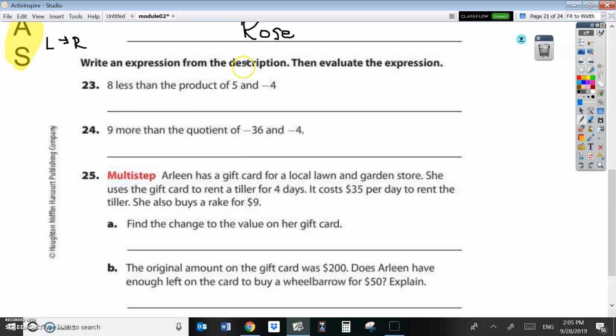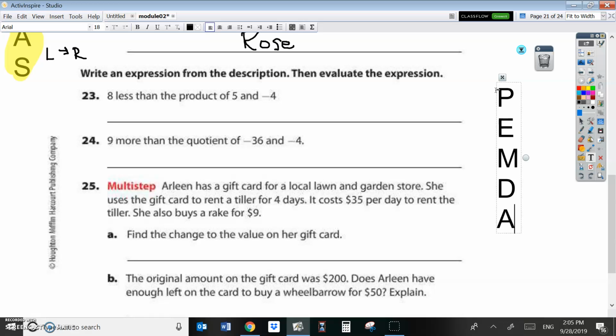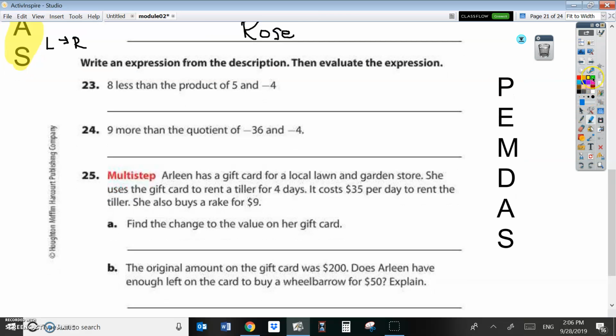Write an expression from the description, then evaluate the expression. Remember, multiplication and division come first, and then addition and subtraction come next.